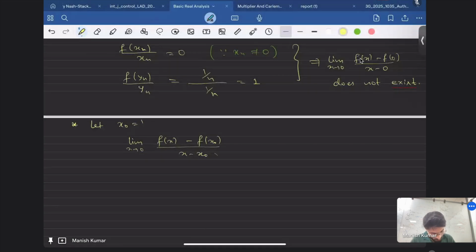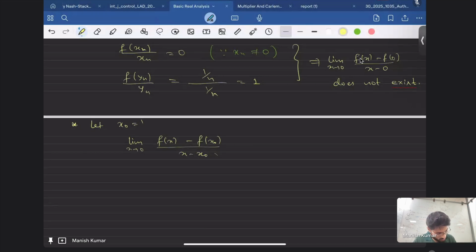Now if I take some sequence from the irrationals, suppose xn is from Q complement such that xn converges to x naught. Then f of xn minus f of x naught upon xn minus x naught would be 0 minus 1 by q.